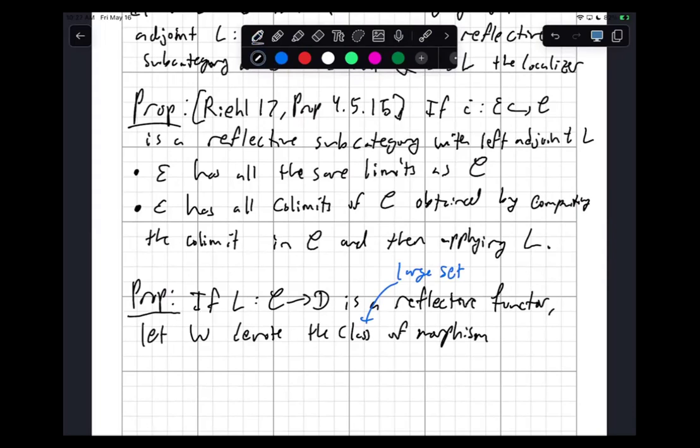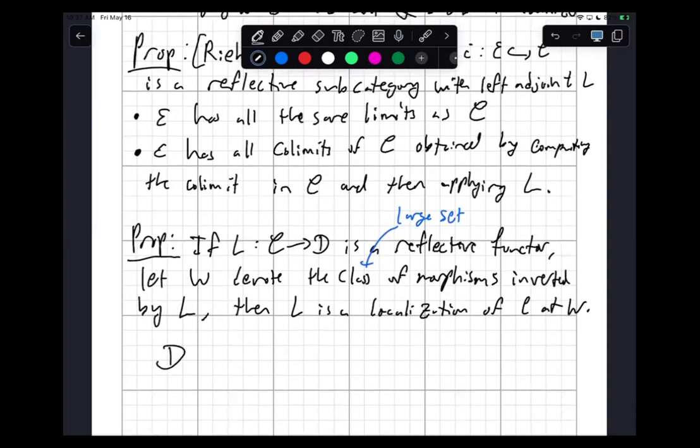A class of morphisms inverted by L. Then L is a localization of C at W. So anytime you have a reflective functor, you automatically get a localization. So in other words, D is equivalent to C inverted at W.